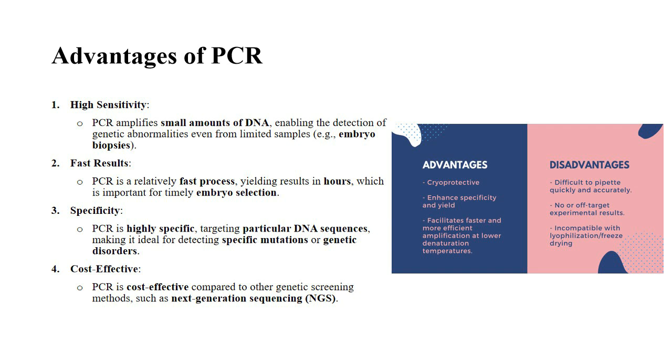PCR is one of the more cost-effective methods for genetic testing compared to next-generation sequencing, NGS, or whole genome sequencing, making it accessible for widespread use in clinical laboratories and fertility clinics. E. Multiplexing capability. PCR allows for the amplification of multiple genes or targets simultaneously in a single test, known as multiplex PCR, which can be highly efficient for screening for several genetic conditions at once.